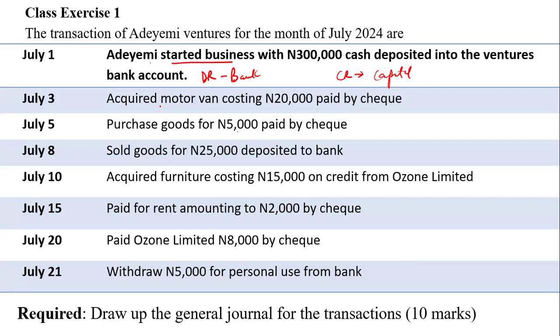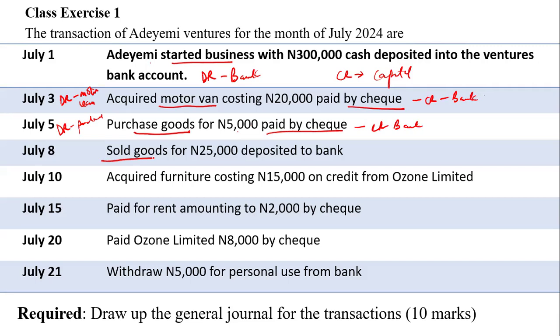Same thing, we move to the next question. Motor van by cheque. Motor van is an asset, so we debit motor van and credit our bank, because there's nothing called cheque account. Same thing, we have goods, 5,000 by cheque. Looking at expenses, we debit purchases and credit our bank.